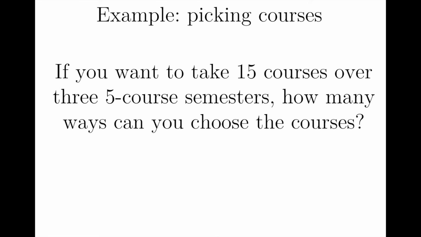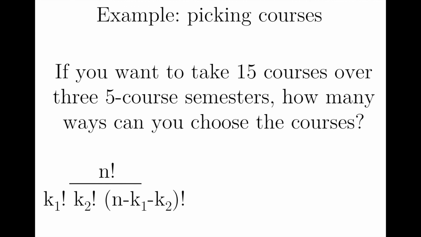To generalize even further to when we want to divide things into not only 2 different slots, but 3, and even more, if we had 15 courses that we wanted to take over 3 semesters, we would still have n factorial in the numerator, but then we would have k1 factorial, k2 factorial, and n minus k1 minus k2 factorial in the denominator.